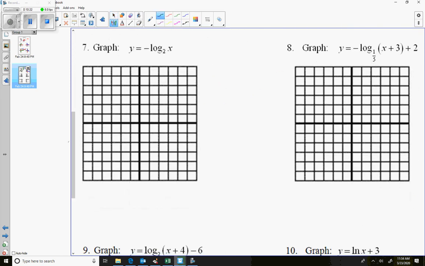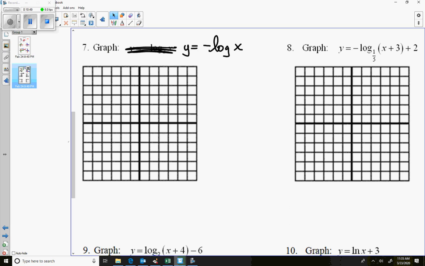Next one, let's change this. Y equals negative log x. So then the question is, what is the base, since I did not write one? Okay, this would be base 10. If there is not a base written, it's a common log.